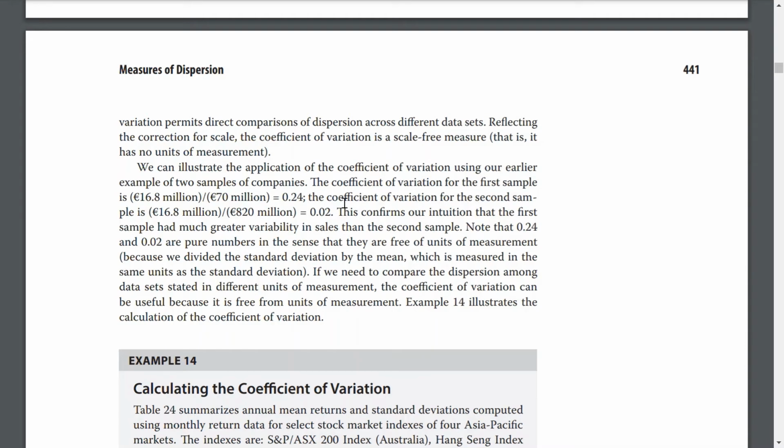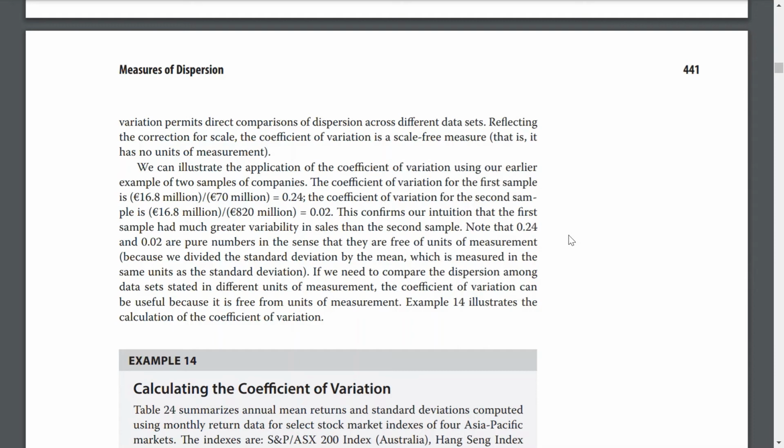We can illustrate the application of the coefficient of variation using our earlier example of two samples of companies. The coefficient of variation for the first sample is 16.8 million divided by 70 million, which is 0.24. The coefficient of variation for the second sample is 16.8 million divided by 820 million, which is 0.02.